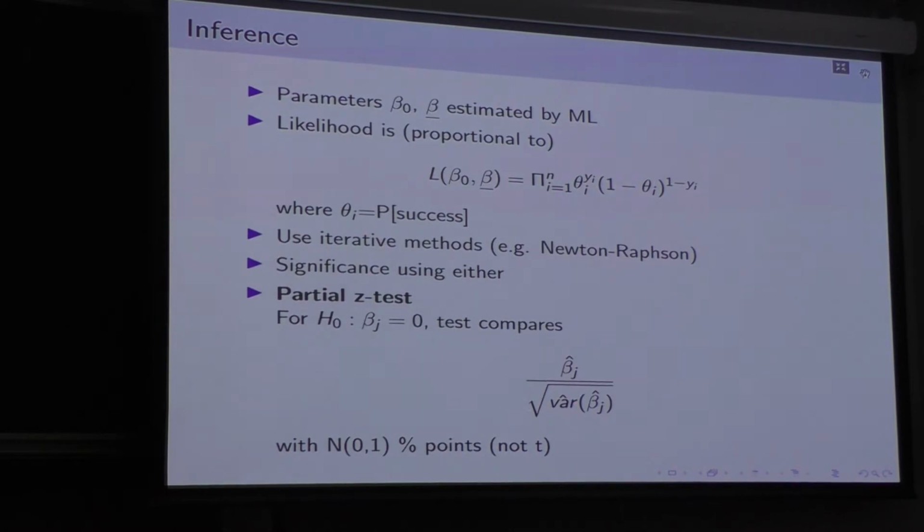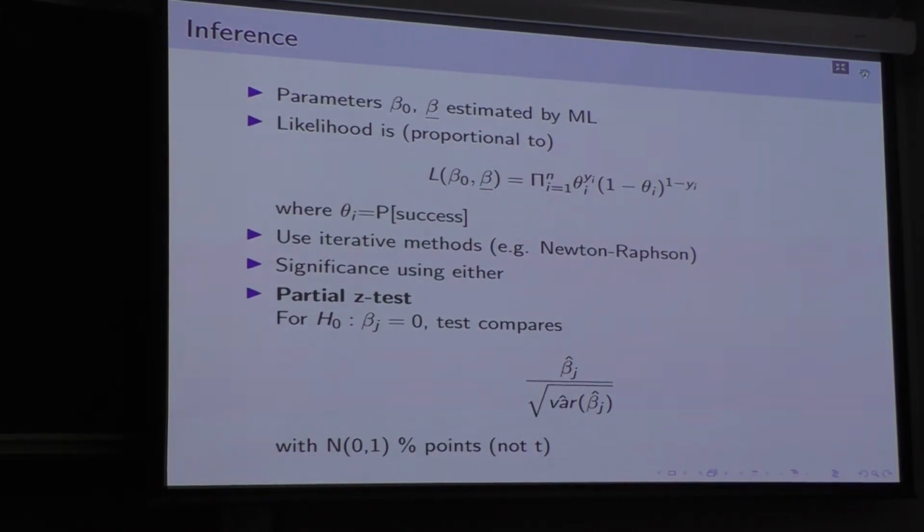Strictly speaking, that's an estimated standard error, so we might think of t-tests, but everything's a bit approximate anyway, and you've only got it with numerical methods and so on. So we never bother to go for a fancy t thing. We always just go with standard normal percentage points. So we're looking at this and saying, is it outside plus or minus 1.96, plus or minus 2, that sort of thing?